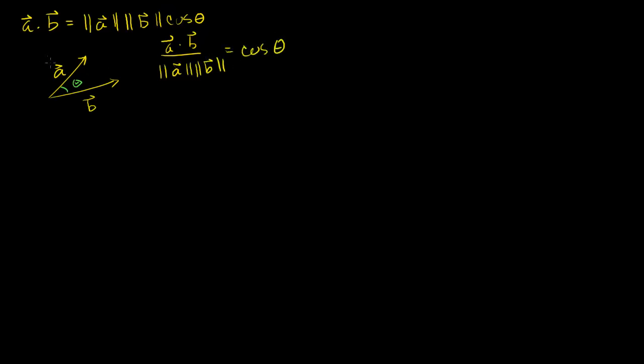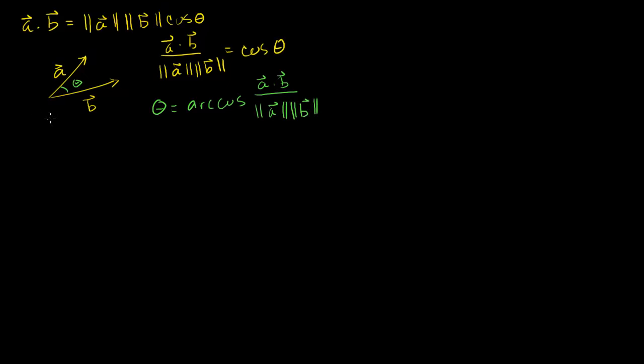And then to solve for theta, you would take the inverse cosine, or the arc cosine, of both sides, and you would get theta is equal to arc cosine of a dot b over the magnitudes, or the lengths, of each of those vectors multiplied by each other.